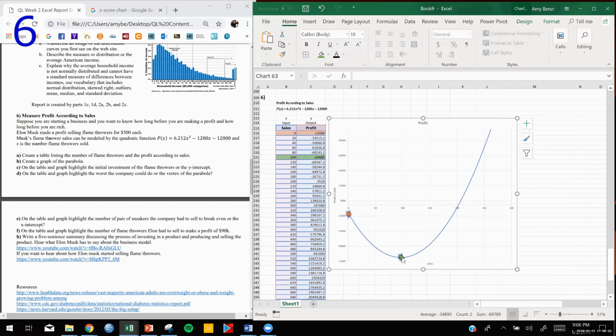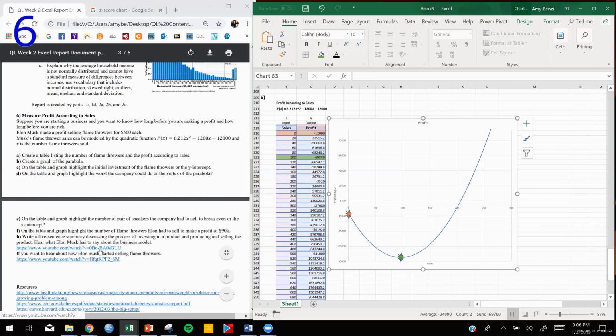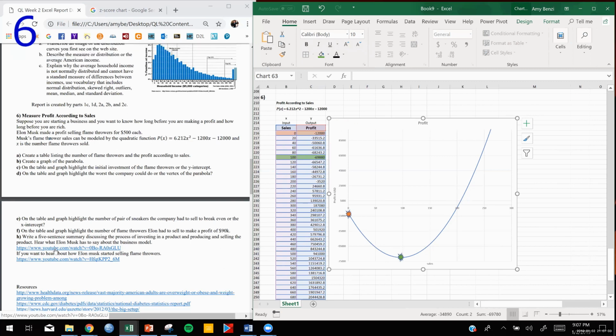While I'm talking about the bottom dollar, I will bring your attention over here to this link. This is a link to Elon Musk. If you want to hear him talk, he's actually talking about Tesla in this video, one of his other companies. But when he's talking about Tesla, he actually talks about the business model where you make your initial investment and then it feels like it's never going to get better.